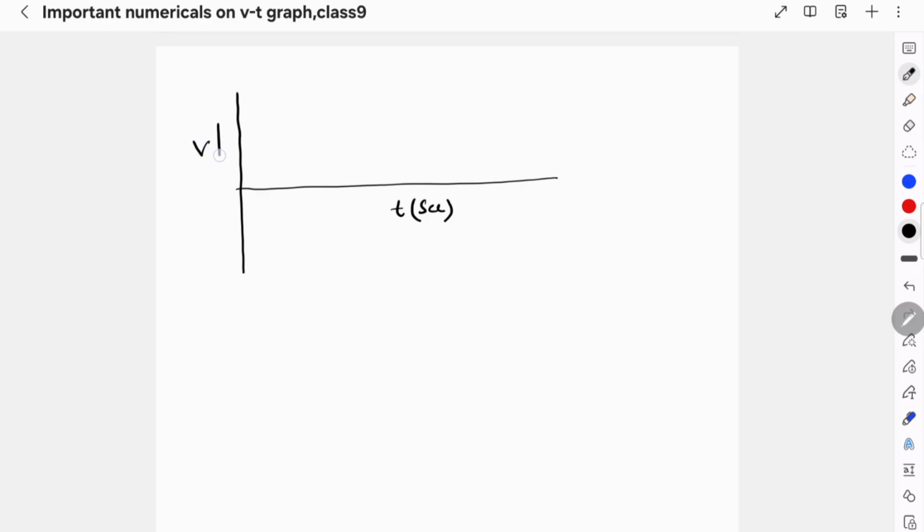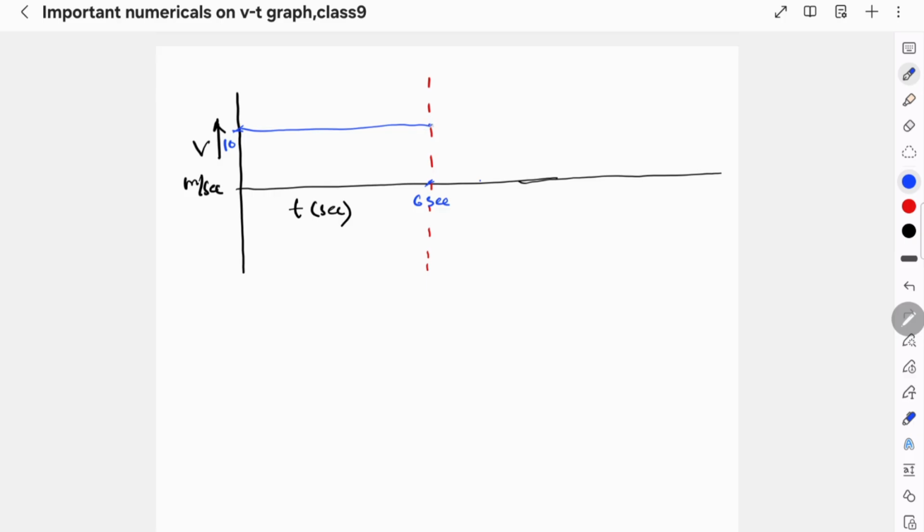This is the velocity, meter per second. Now we know the ball is moving at 10 meter per second, so we'll mark 10 here. You see the ball is moving at a uniform velocity of 10 meter per second for 6 seconds. It will be a straight line because it is a uniform velocity.